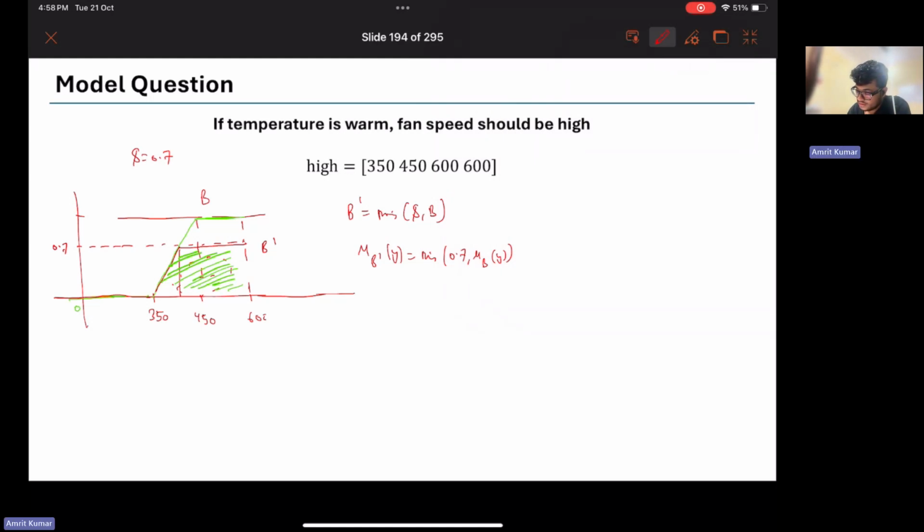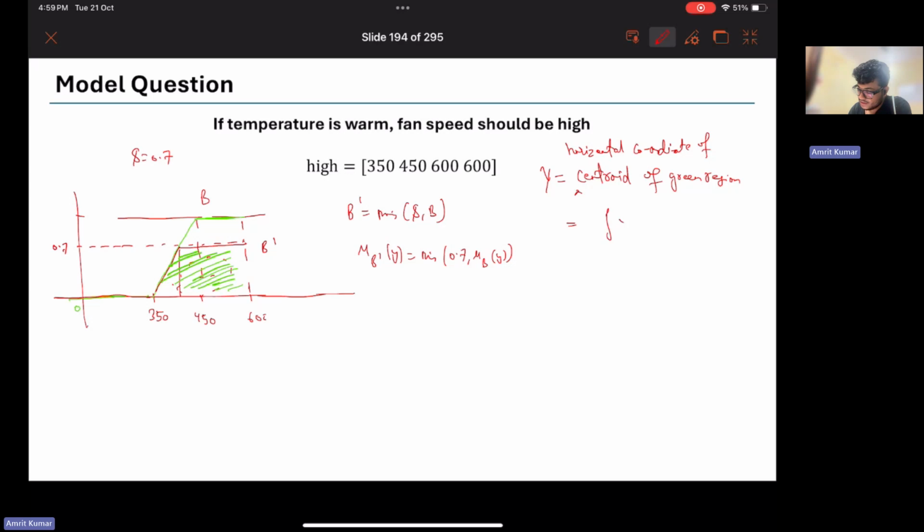So remember, the defuzzified value y equals the horizontal coordinate of the centroid of region R. So basically the green region.